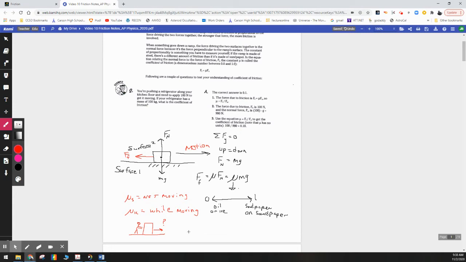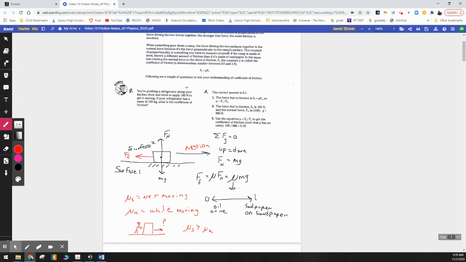Most people will agree it's usually harder to move a dresser from rest, but while it's moving, it's easier to push. So generally speaking, the static coefficient of friction is usually greater than or equal to mu kinetic, because it's always easier to push something while it's moving than to get it started moving.